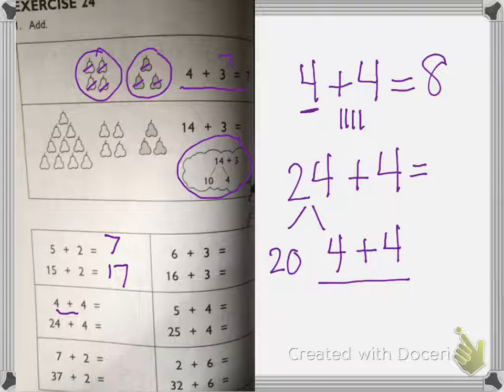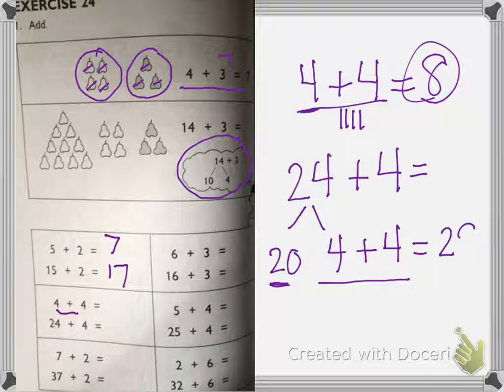We know that our 4 plus 4 is 8. And then we add our 20 to get 28. And 28 is 2 10s and 8 1s. 10, 20, 21, 22, 23, 24, 25, 26, 27, 28. So 4 plus 4 is 8, and 24 plus 4 is 28.